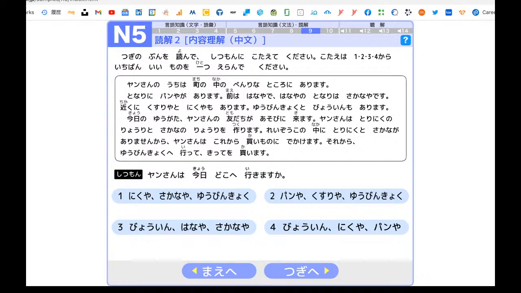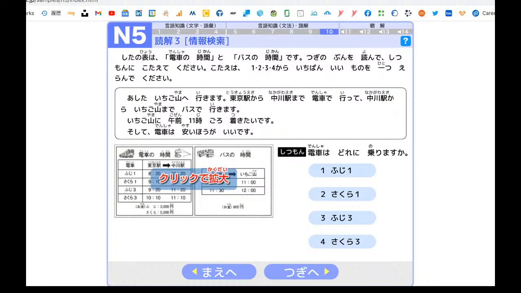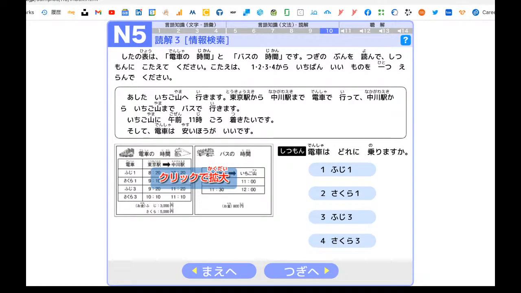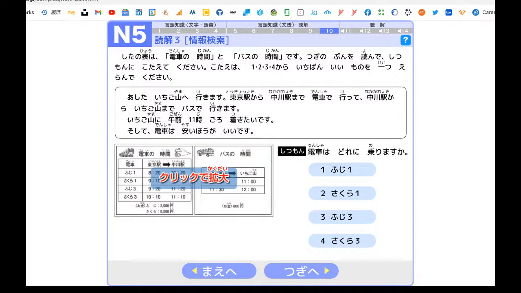The last one on the grammar. Whew. So this is a little tricky, so I hope you can find it. Okay. So let me show.